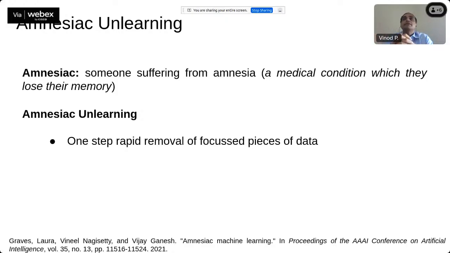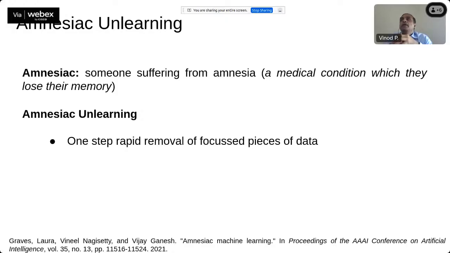Let's say there is a class called dog and a class called cat. In class-wise unlearning, all images corresponding to the dog class have to be unlearned.